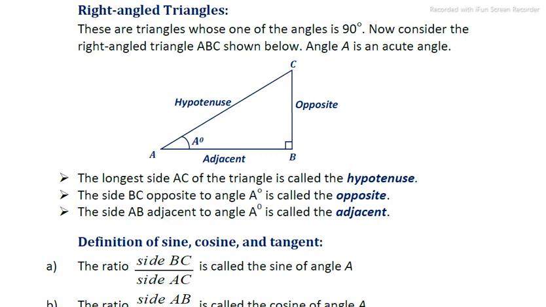It could be angle A, or we could also take angle C. So in case we are considering angle C, the adjacent could be the opposite, and the opposite could be the adjacent. That is if we are considering angle C. But the hypotenuse remains because it is the longest side of the triangle.